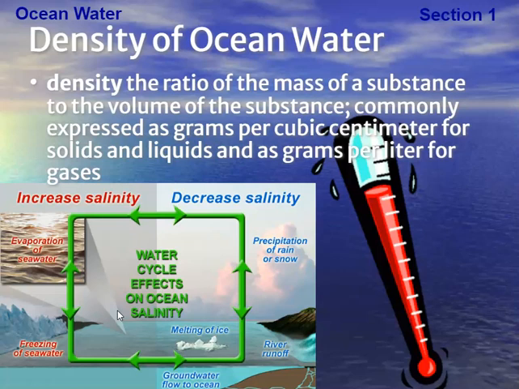And then we've got another amount of ocean water that is 1.0. What's going to happen to the 1.1 grams per cubic centimeter water compared to the 1.0 when we're talking density? What happens to a higher density material when we're talking about liquids?